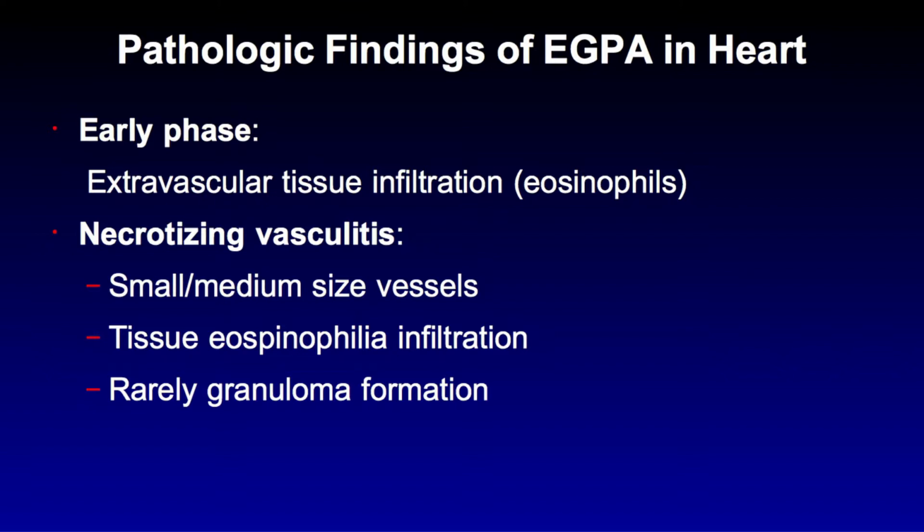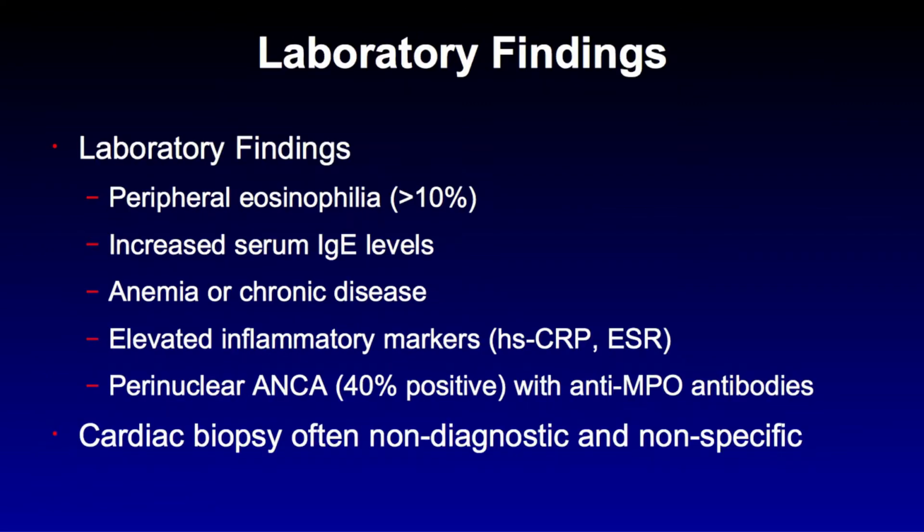These inflammatory areas are usually very patchy, so just like sarcoidosis or any other condition, many times we cannot catch these inflammatory cells. So unlike cardiac transplant rejection, where it's usually quite diffuse, the yield of myocardial biopsy is quite low. And in addition, I think eosinophils can come and go quite often.